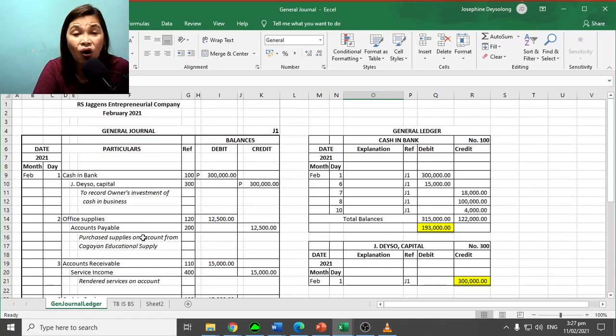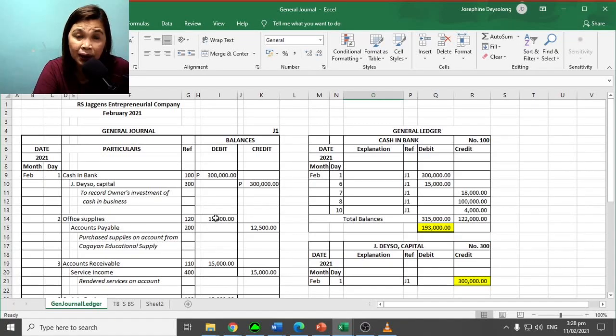So, because it is on account, meaning to say I didn't pay in cash, but inutang. So, because it is on account, then this is still payable from me to Cagayan Educational Supply. So, the proper account title here is accounts payable.